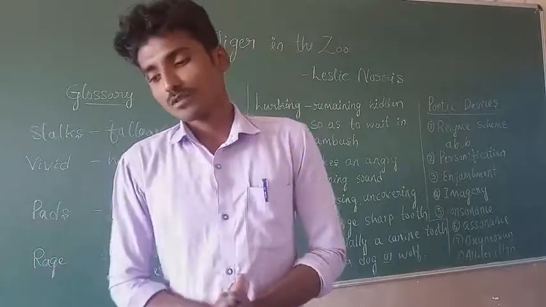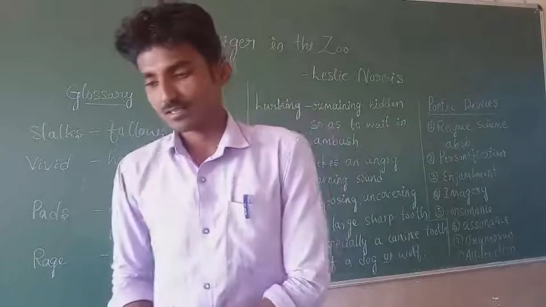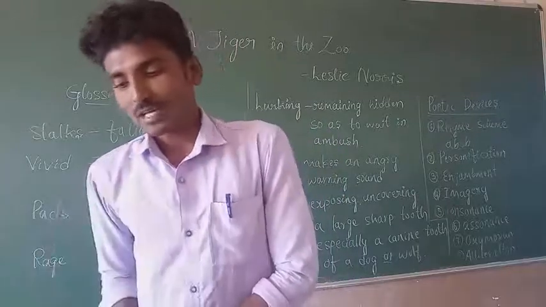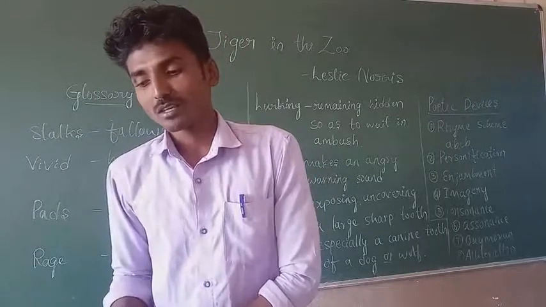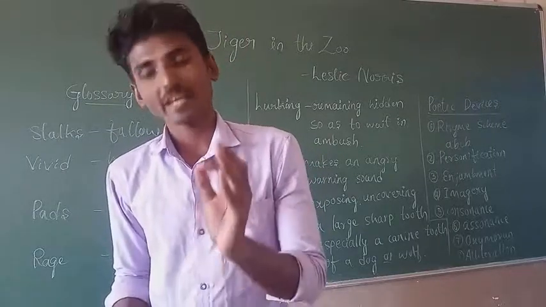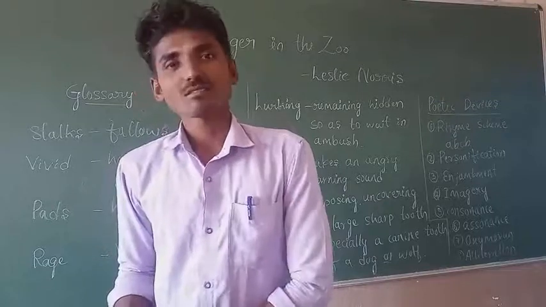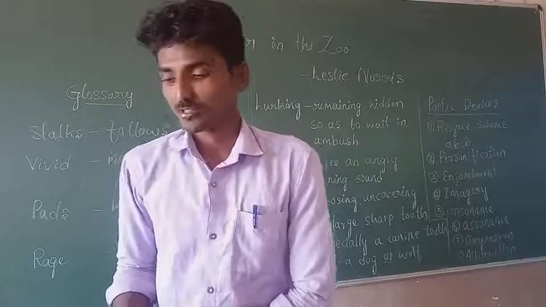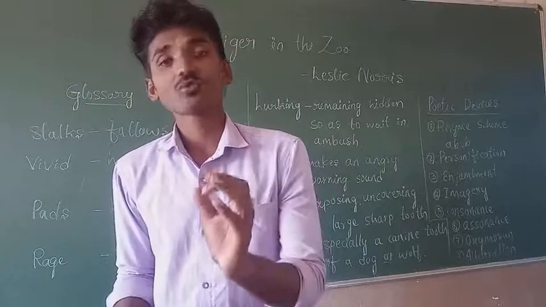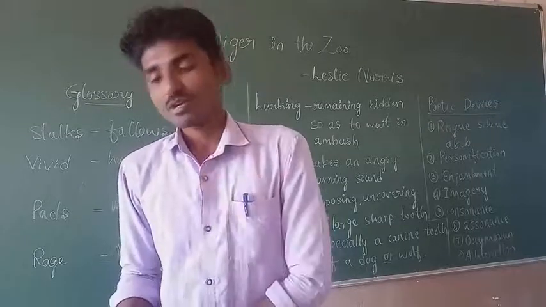So the first stanza is the following. He stalks in his vivid stripes, the few steps of his cage, on pads of velvet, quiet in his quiet rage. So he stalks.